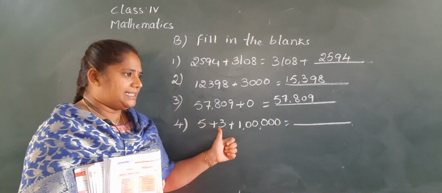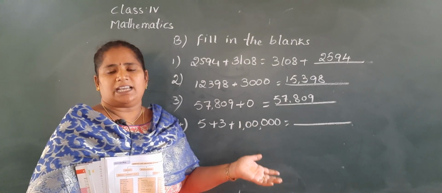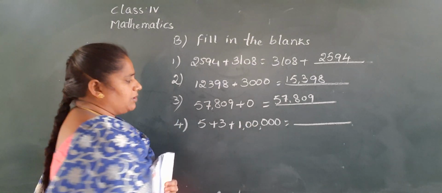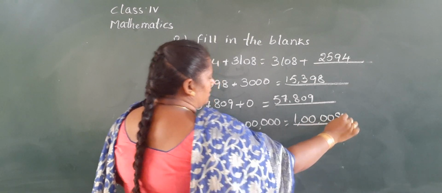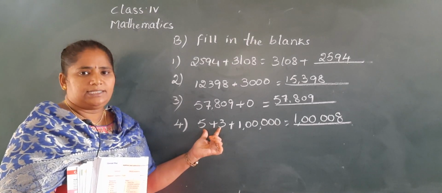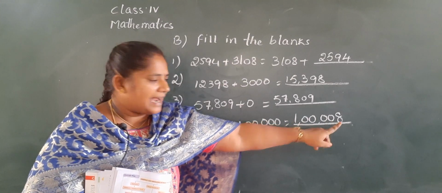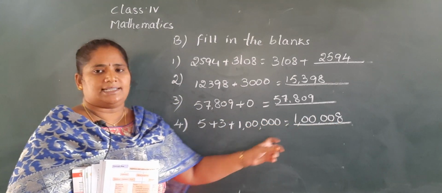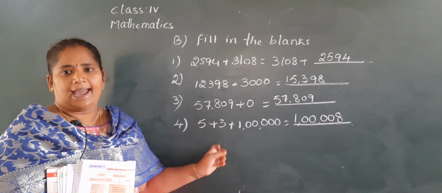So, 1 lakh plus 8 is equal to 1 lakh 8. So, add these two numbers and keep it in the ones place, remaining digits as they are. So, it is 1 lakh 8.